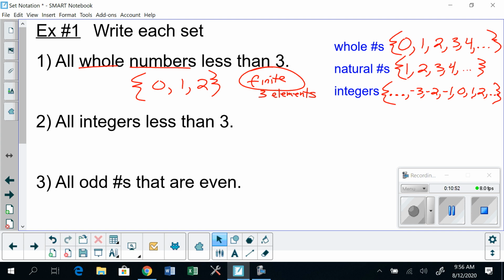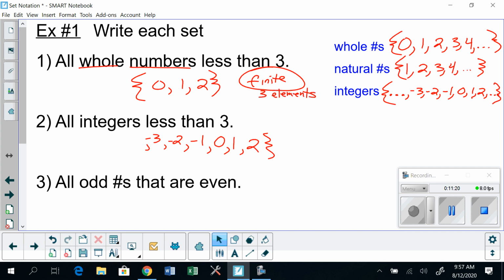Number 2, the second problem in this example, says write the set of all integers less than 3. So here we have a similar thing where we're going to have the numbers 2 and 1 and 0, but integers also implies we can use negative numbers. So this list would also include -1, -2, -3.